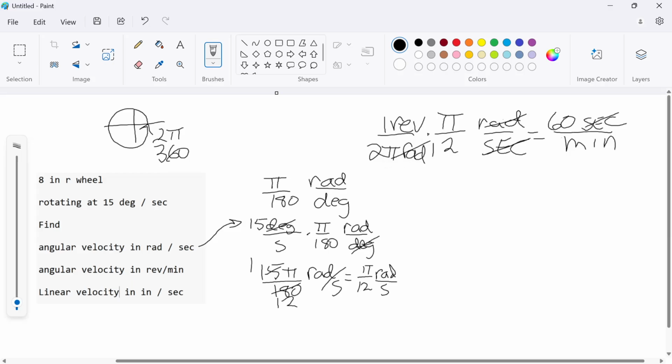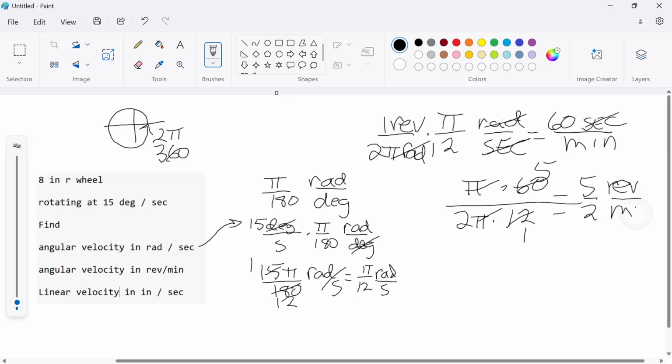I have pi times 60 divided by 2 pi times 12. 12 goes into 12 once, 12 goes into 60 5 times, and the pi's cancel out. I get 5 halves revolutions per minute. So that's the conversion with the radians per second.